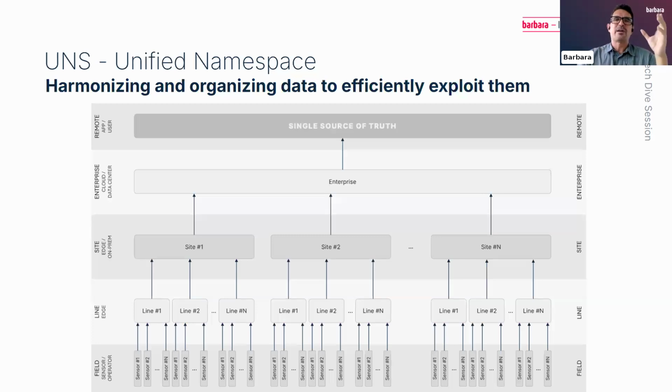This way, if I call a temperature using a capital T here, then I will use the same convention for another temperature there. So you will have a uniform way of naming things in the company, and it is also very important when you want to apply processing or AI models to the whole information in the company.